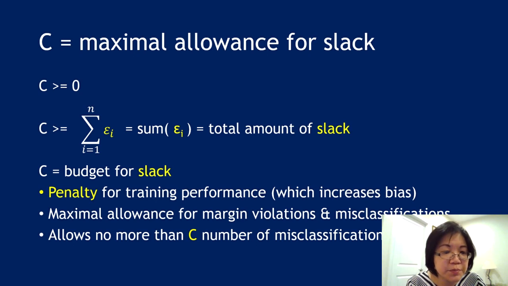So we penalize training performance, hoping that we'll be able to have a better prediction model. C, the penalty term, again, indicates the maximum allowance for margin violations and misclassifications. And because epsilon is greater than 1 for misclassifications, C will allow no more than C number of misclassifications.